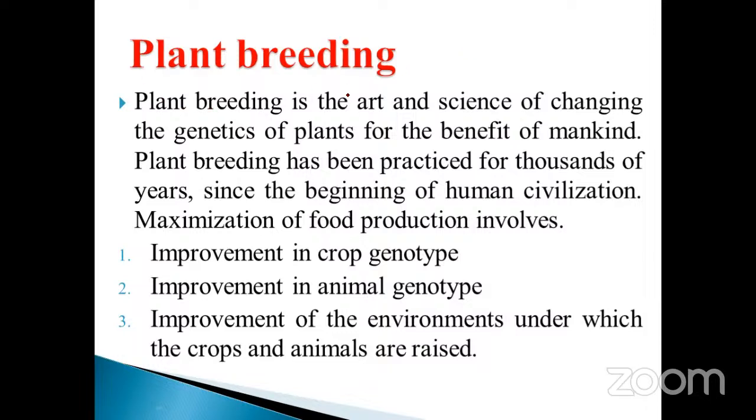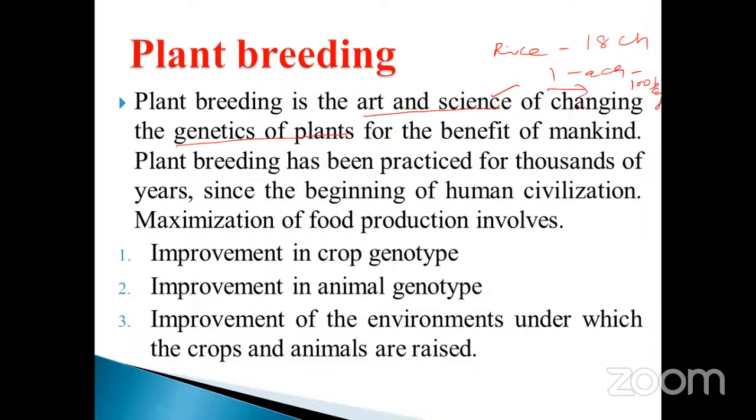So plant breeding is the art and science of changing the genetics of the plant. Genetics of the plant means, take an example, rice, isn't it? So 18 chromosomes are there, right? One acre, how much will they produce? 100 bags.